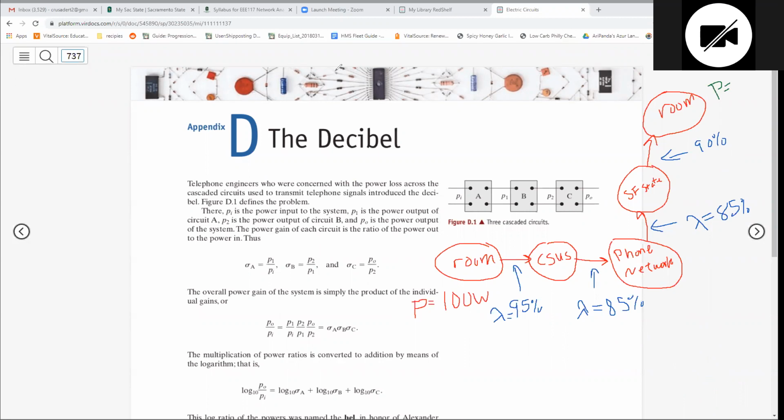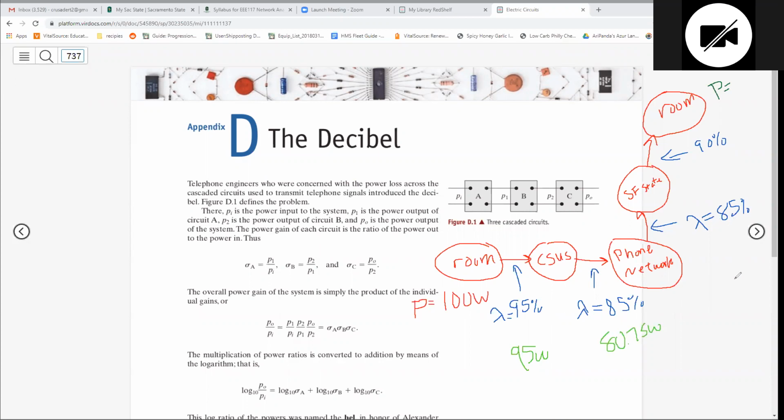Obviously the first one's easy. So let's do green. This is 95 watts. But now we've got to take 85% of 95, not 100. So let's get a calculator out. 0.85 times 95 is 80.75 watts.